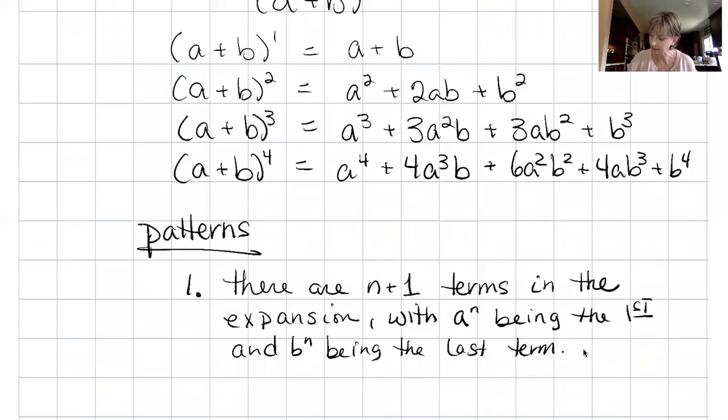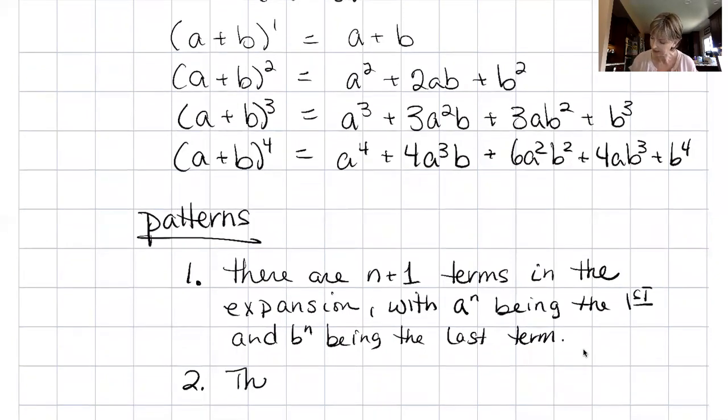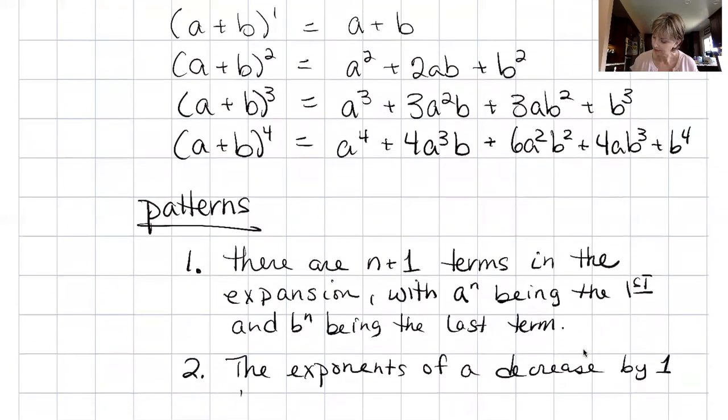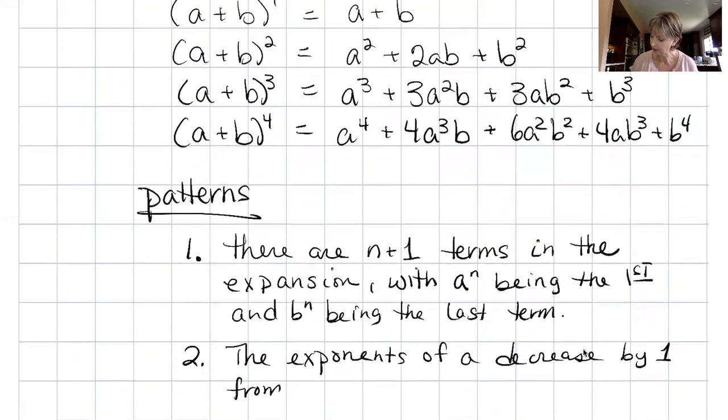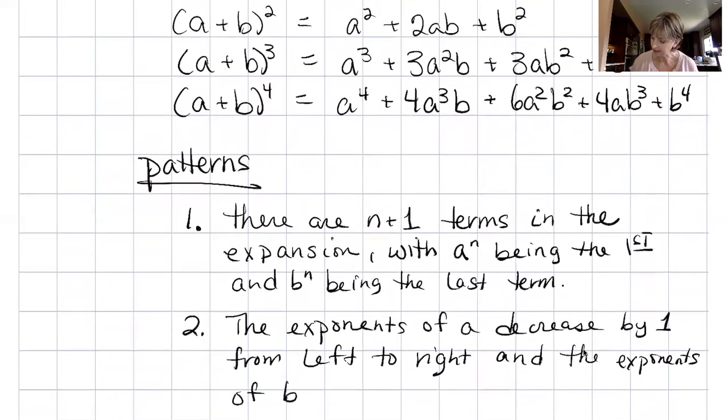The second pattern that we're going to pay attention to here is that the exponents of a decrease by 1 from left to right, and the exponents of b increase by 1 from left to right.